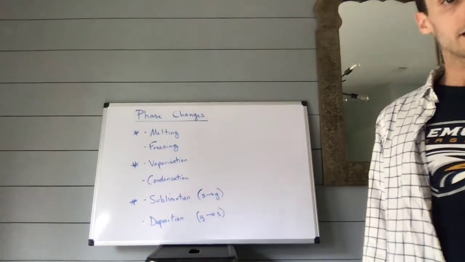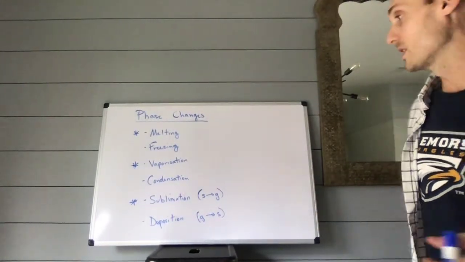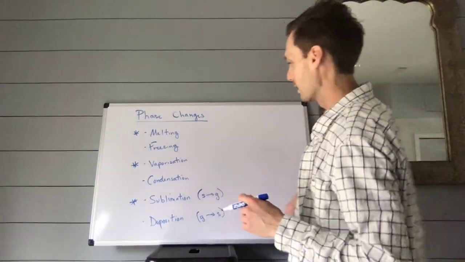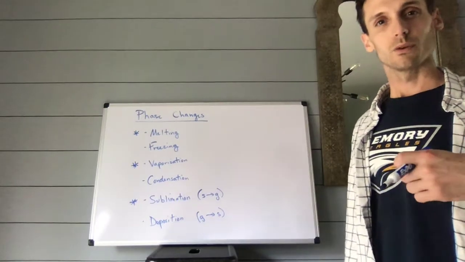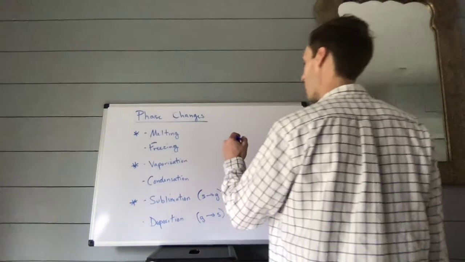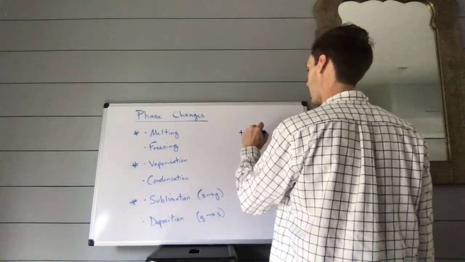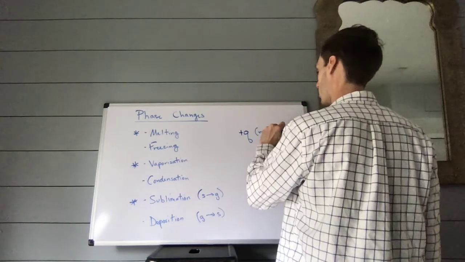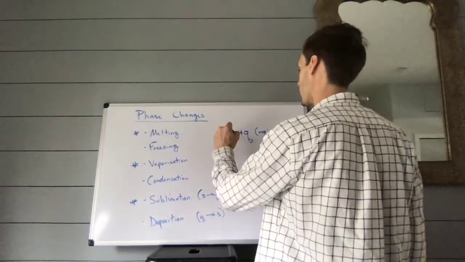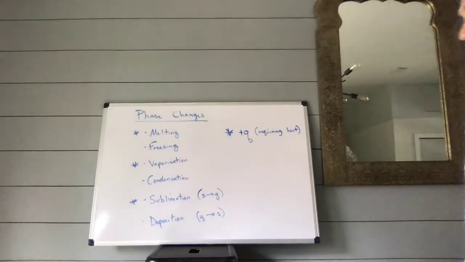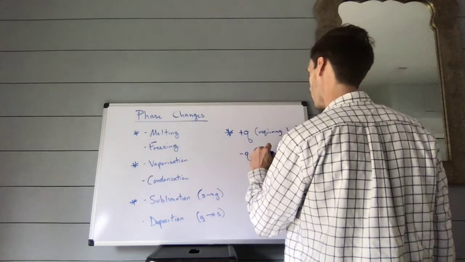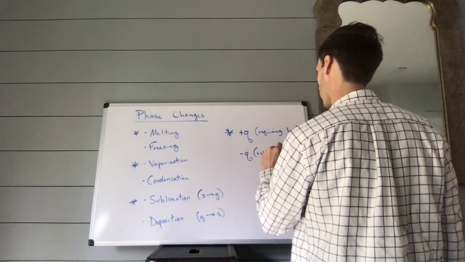Okay, if this requires heat, then what would the sign of your heat be if it's required? Good. It would be a positive Q. Okay, that's requiring heat. So that would be all of the starred ones. And then the ones that aren't starred are all of the ones that would have negative Qs, where you would release heat.